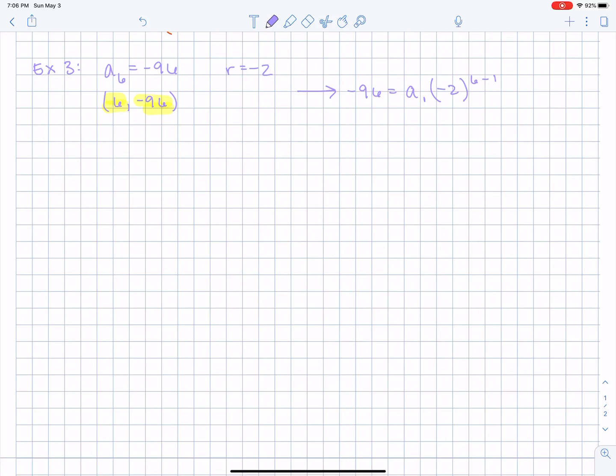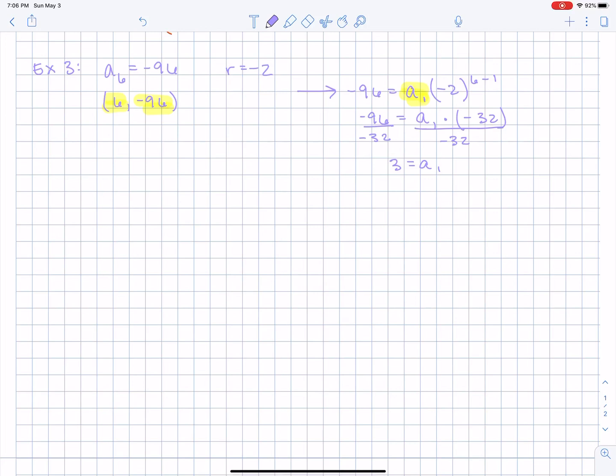Now all I need to do is solve for a sub 1. We have -96 is equal to a sub 1 times -2 to the power of 5, which is -32. Divide both sides by -32, and 96 divided by 32 is 3, so 3 is equal to a sub 1.